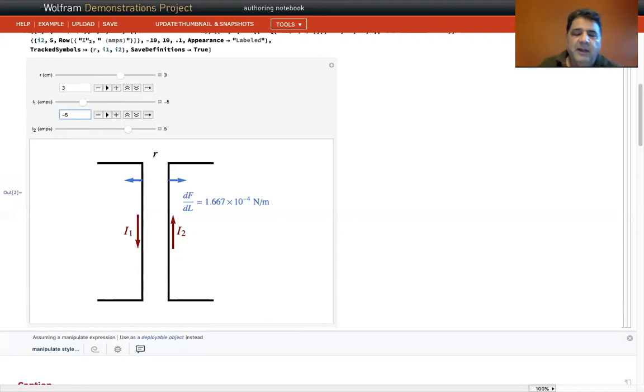They'll be away from each other. Back to positive 5, and you'll see that the force is directed towards, and then make it negative 5, it's outward. So with that little demonstration, let's go to the PowerPoint.